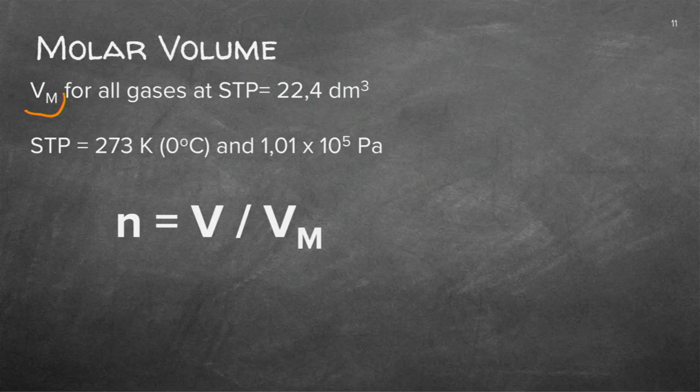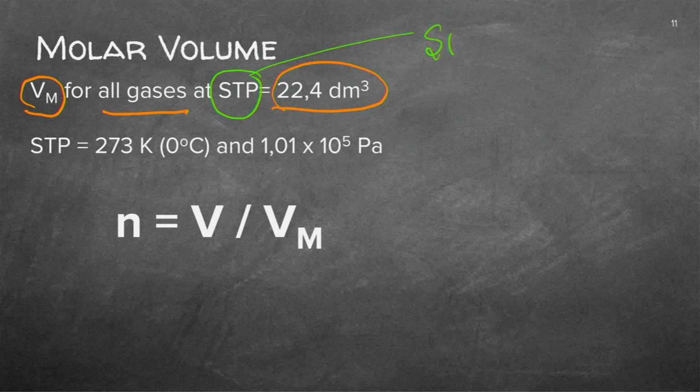Right, let's have a look at that specific temperature and pressure. The molar volume for all gases will be 22.4 cubic decimeter if the one condition is met, and that is the standard. STP is standard temperature and pressure. And what is the standard temperature and pressure?